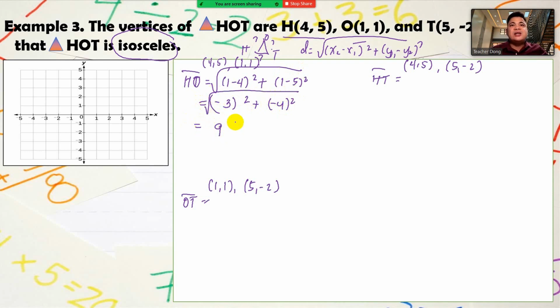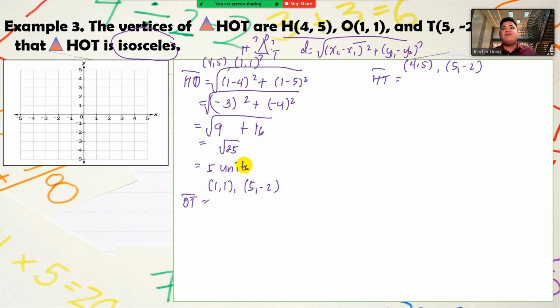Negative 3 squared is 9, plus negative 4 squared is 16. Adding them up, 9 plus 16 is 25, and the square root of 25 is 5 units. So, one of the sides measures 5 units.